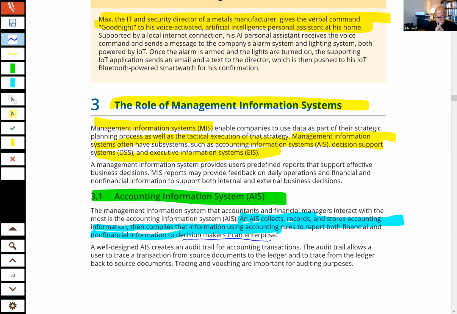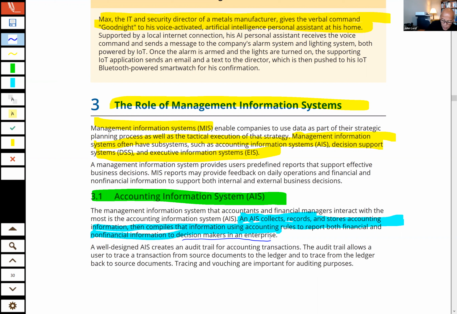Even though the discussion skewed towards internal decision making, our accounting information system, as we well know, also has to generate data for external decision makers, such as investors and creditors. So it's not just limited to internal.